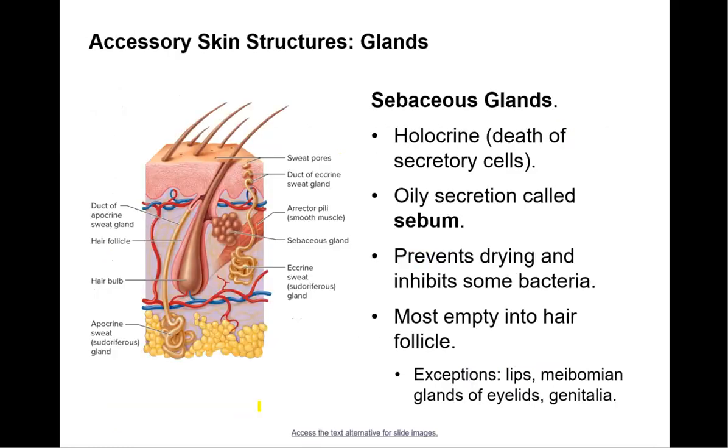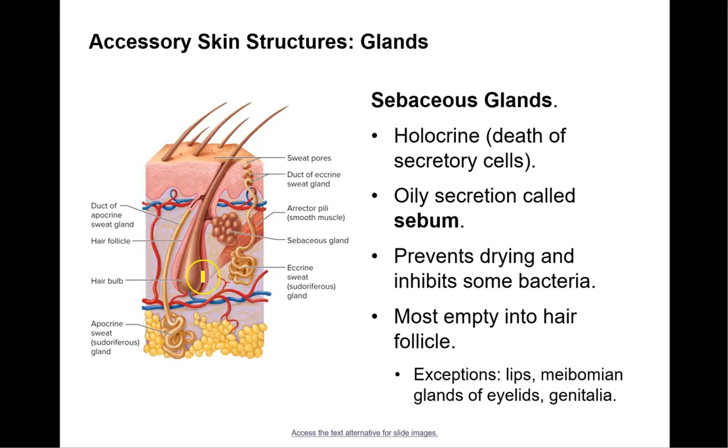So that's the erector pili muscle, and you can see that here. Here's a hair follicle, and then every hair follicle is attached to a sebaceous gland or an oil gland. The erector pili muscle here is attached to the hair follicle, and that will cause it to stand on end.